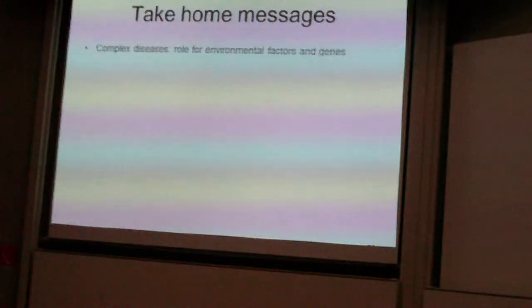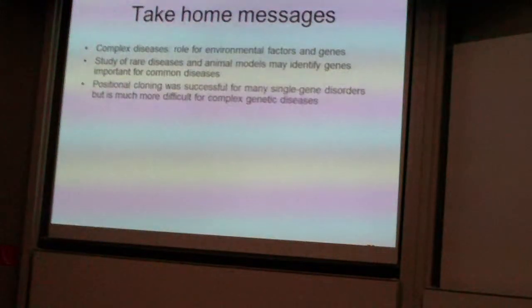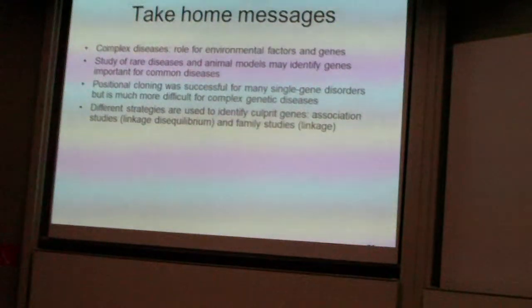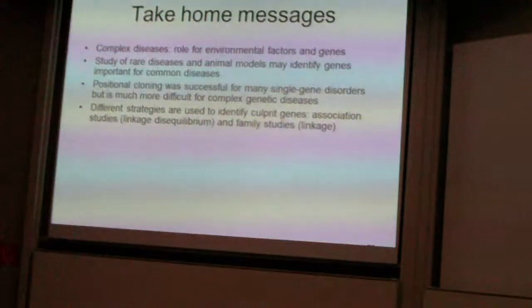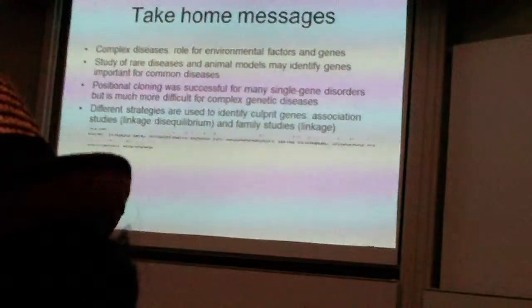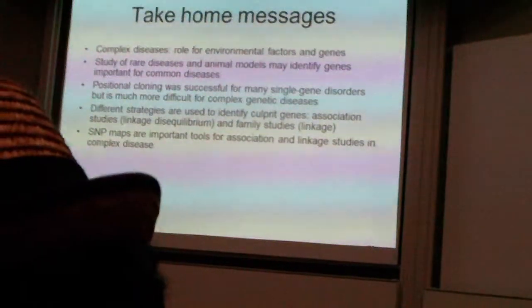And finally, I hope that I have been able to convince you that for these complex diseases, both genes and environment are important. Sometimes if you study the rare diseases, it can teach you a lot about the more complex diseases. The positional cloning has provided us all the genes that are important in single gene disorders.